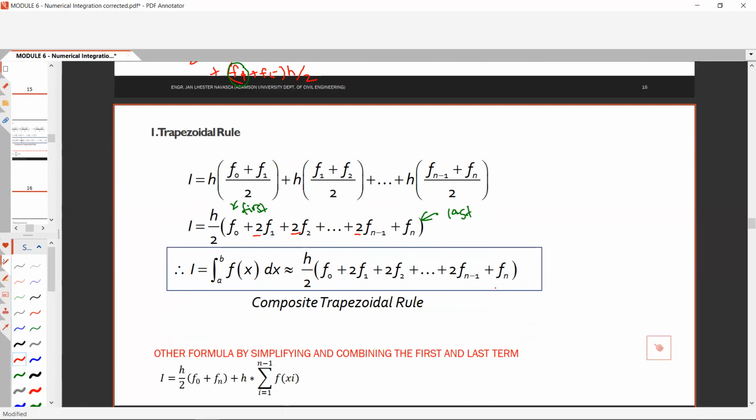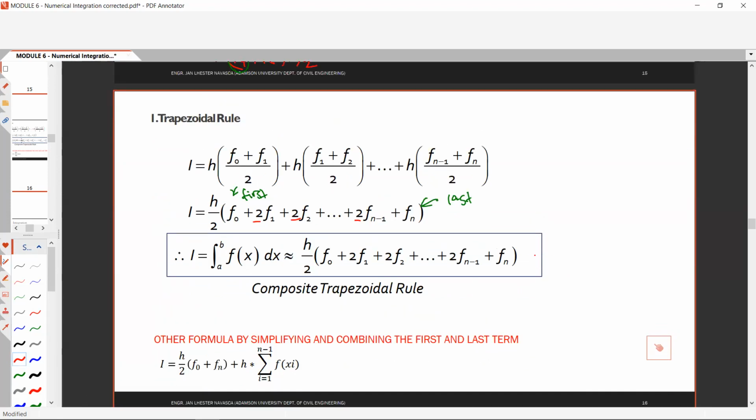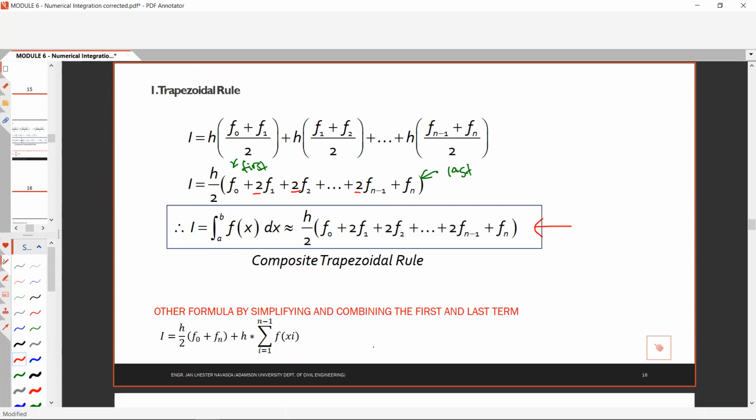This one is the composite trapezoidal rule, so more segments are considered. We can also simplify the formulas. This is what we will use in the MATLAB approximation later.